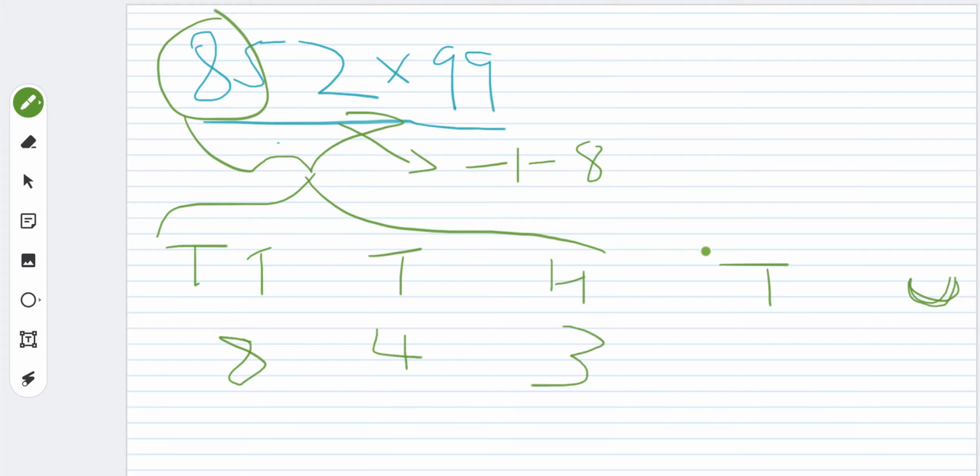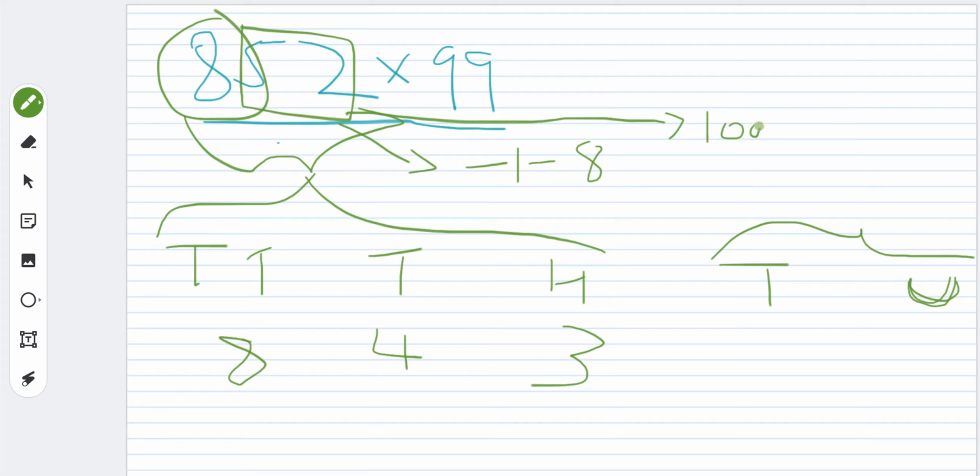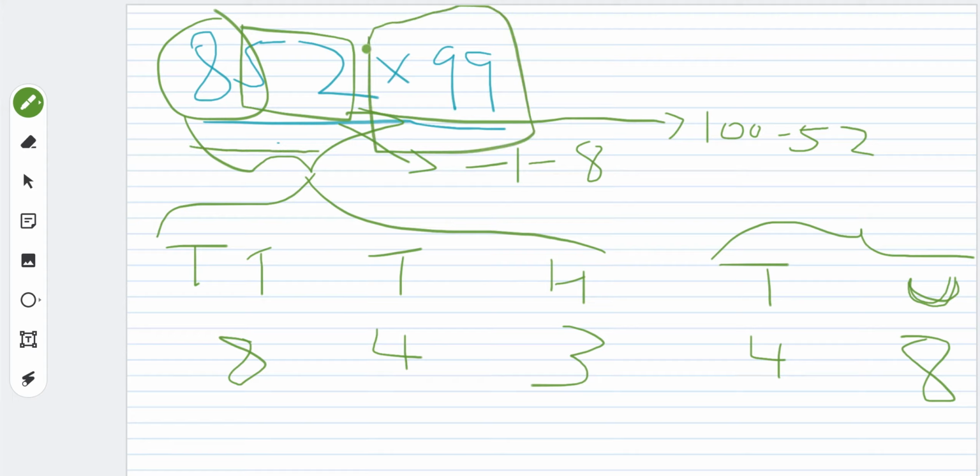And all we do for the tens and units column is we get 52 and subtract that from 100. We have 100 subtract 52, and the answer to that will be 48. So there we go. Pretty easy, right? 852 multiplied by 99, which many people may think is such a chunky number, so difficult to get the times table right. But hey, here's the trick.